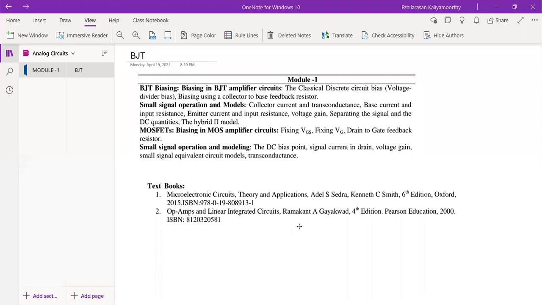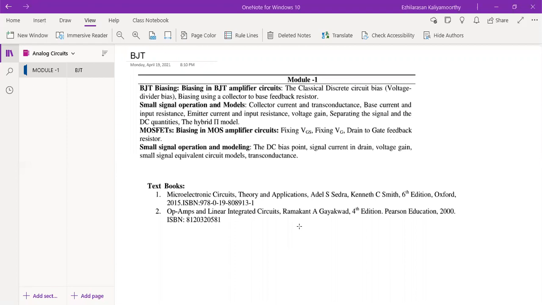Which modules will use which book? For example, modules 3, 4 and 5 will use the one text only. Exactly, 2.5 modules from one text, 2.5 modules from the second text.